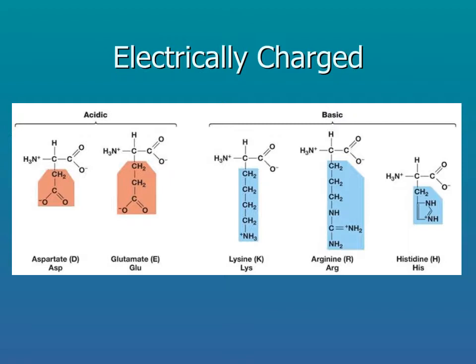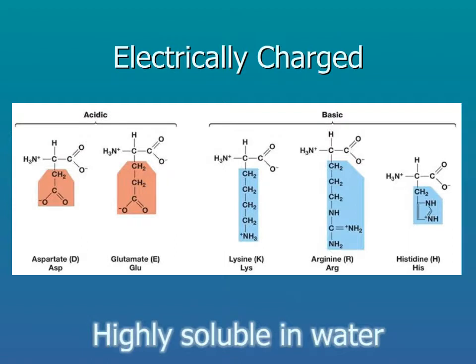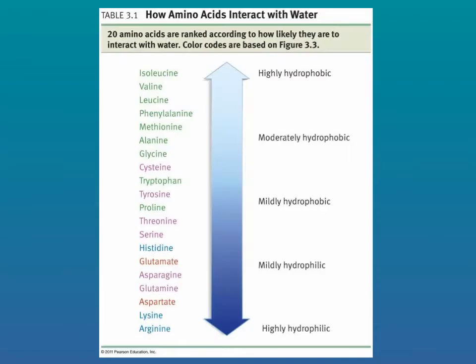The basic side chains readily gain hydrogen ions from the surrounding neutral solution and take on a positive charge. These amino acids are highly soluble in water. This diagram is not one you need to memorize, but shows the range of solubility for the amino acids. Remember that if something is hydrophilic, it will dissolve in water, while hydrophobic substances will not.